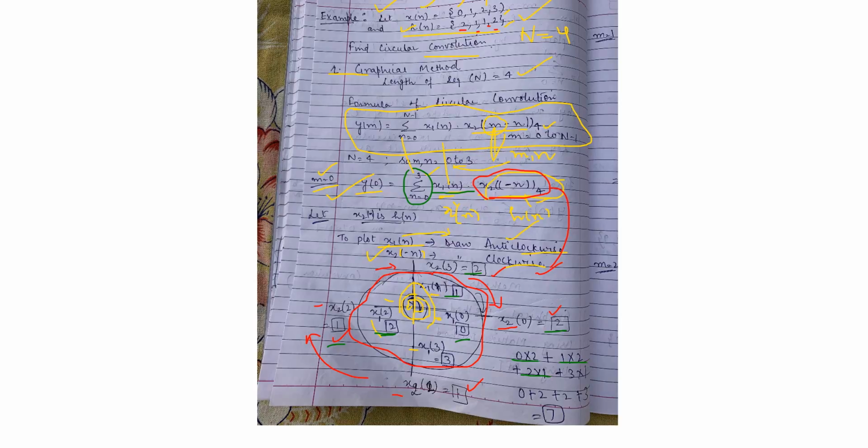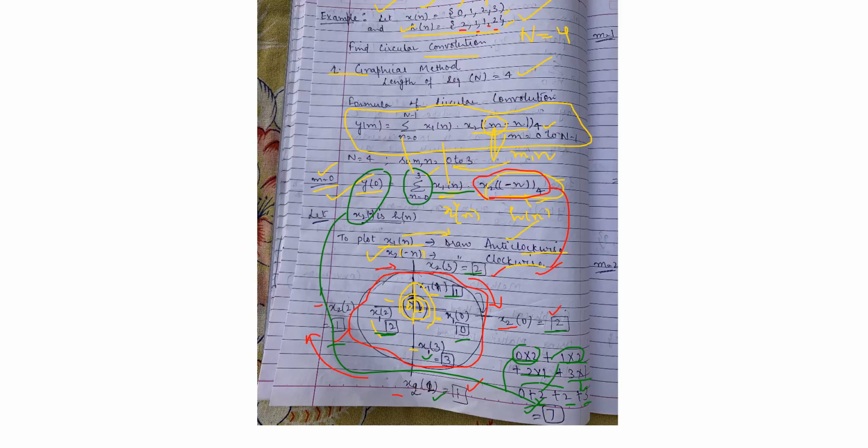Here x1 of 3 is 3 and x2 of 1 is 1, so you write 3 into 1 and then add. 0 into 2 is 0, plus 1 into 2 is 2, 2 into 1 is 2, and 3 into 1 is 3. 3 plus 2 is 5, plus 2 is 7. So the calculated value of y of 0 is 7.